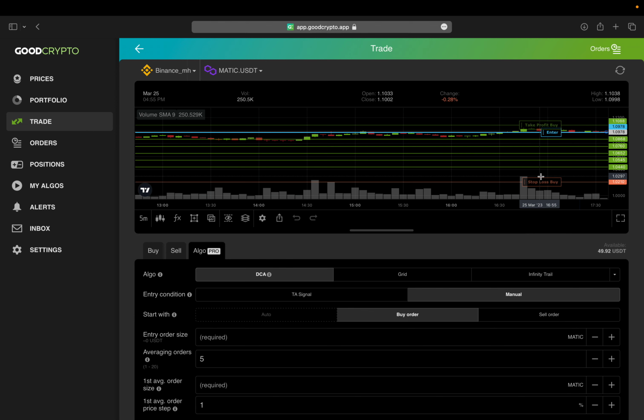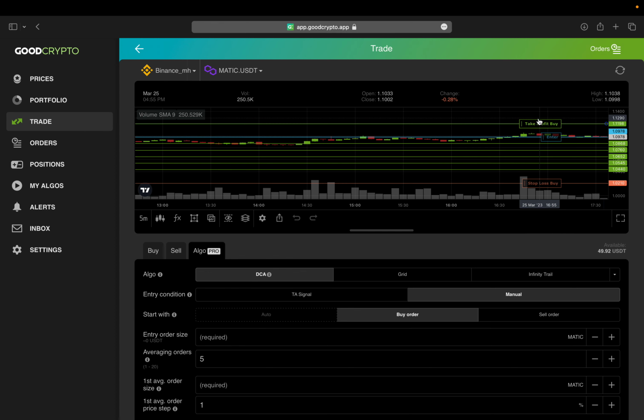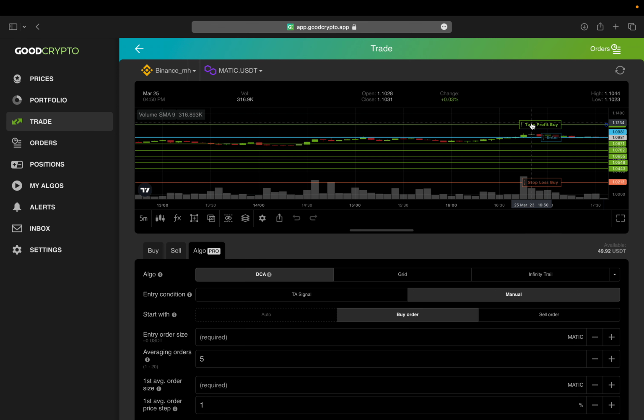So that's what you would do normally. Here with the DCA algo, you can do one better. So yes, you still buy here, and you place a take profit above. And if you are correct and the price went up, take profit triggers. You made your profit. Good for you. Perfect.